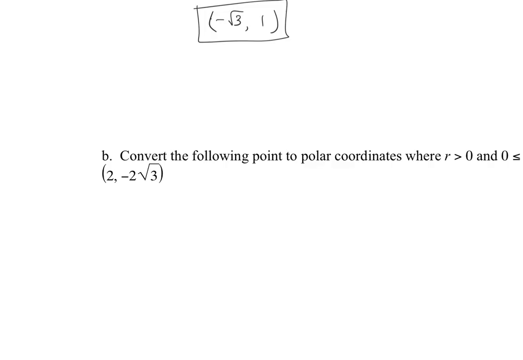Now going the other direction, if this is in rectangular coordinates already, we need to convert to polar coordinates. Specifically, the r value is bigger than 0 and the angle is between 0 and 2 pi. So in polar coordinates, we need the r value. So that's the Pythagorean theorem.